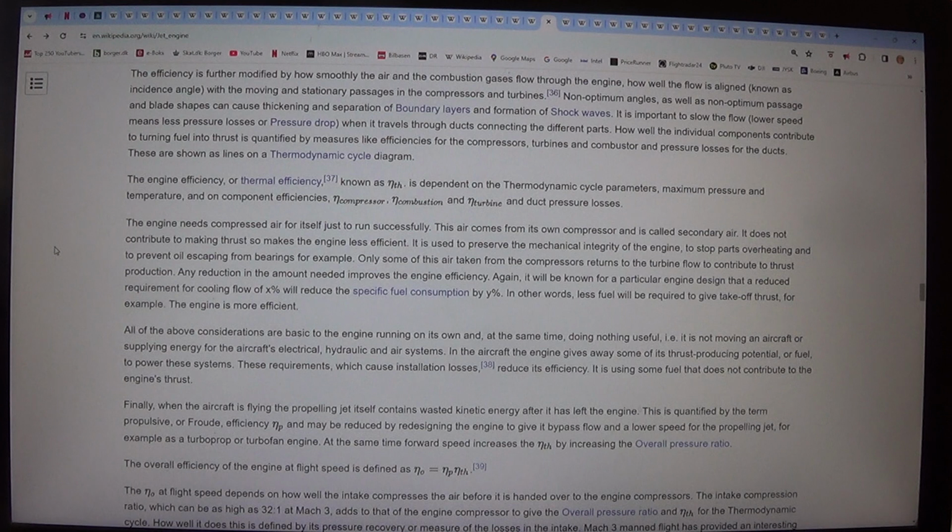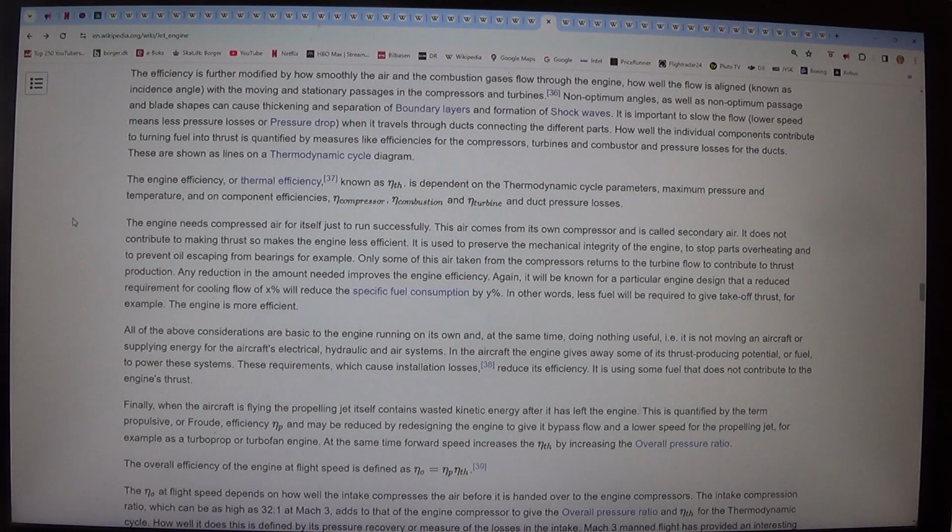How well the individual components contribute to turning fuel into thrust is quantified by measures like efficiencies for the compressors, turbines and combustor, and pressure losses for the ducts. These are shown as lines on a thermodynamic cycle diagram.